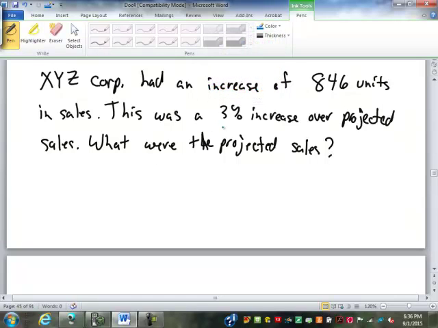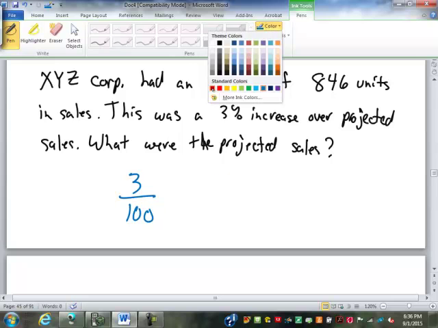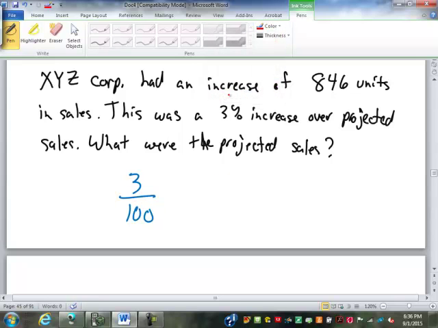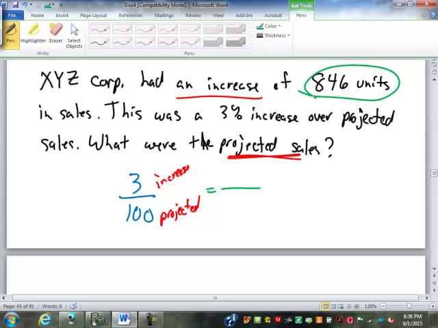So here we actually have the 3%. So 3 out of 100. Does the 3 represent, we have projected sales here and we have an increase. Which one is represented by the 3%? The increase. So the projected has to be the 100. Yep. So on the other side, we have the 846 units. Does that represent the projected sales or the increase?